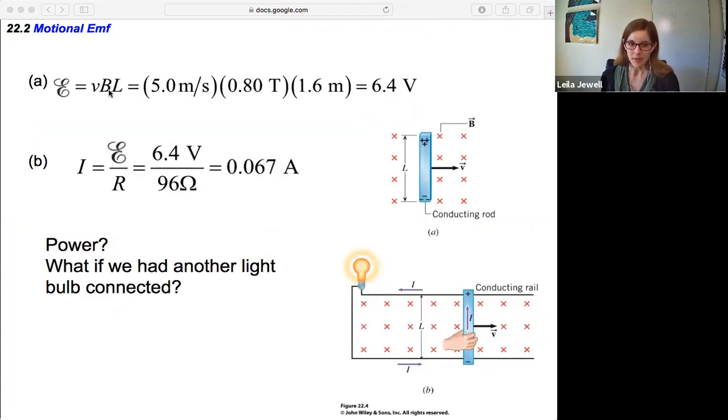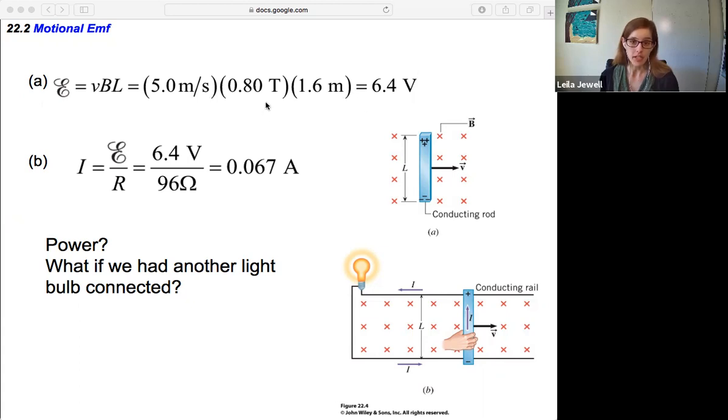All right, our EMF is equal to VBL, so that comes out to 6.4, and the units here, Teslas have some other things packed into them, so if you multiply Teslas by meters per second by meters, it comes out to units of volts. As long as you use this given equation, it's okay to trust that the units for EMF are what we'd expect, that is volts.